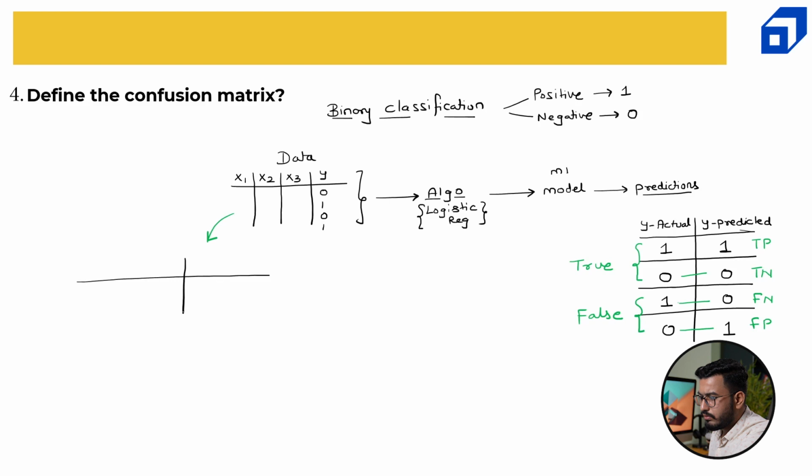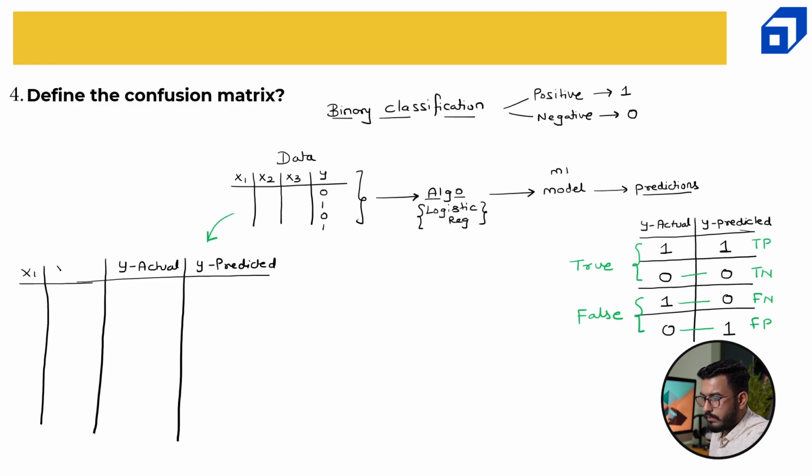I'm only going to draw y actual and y predicted, and these are my independent variables over here: x1, x2, and so on. Let's create a table with 10 such observations.